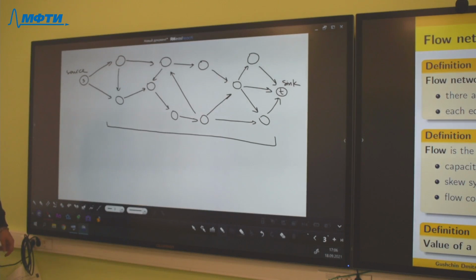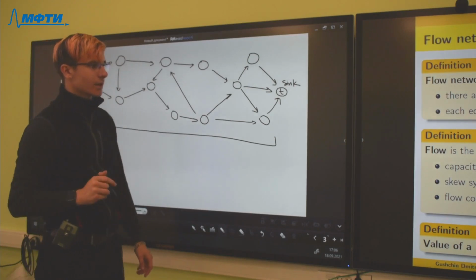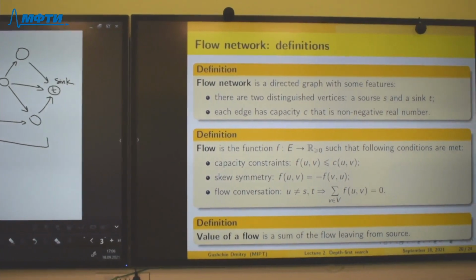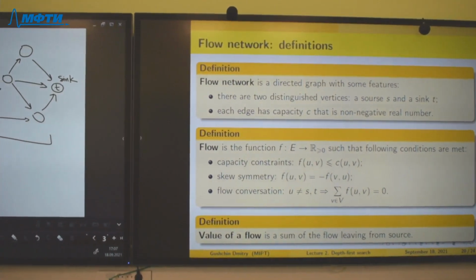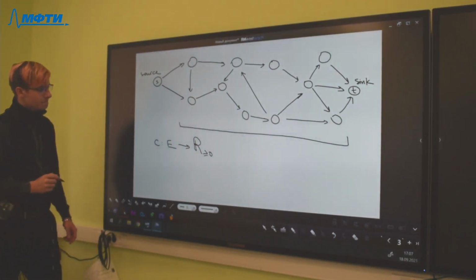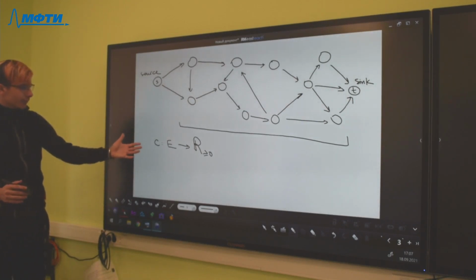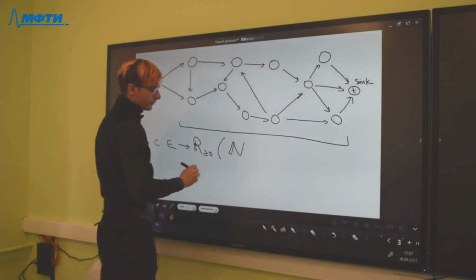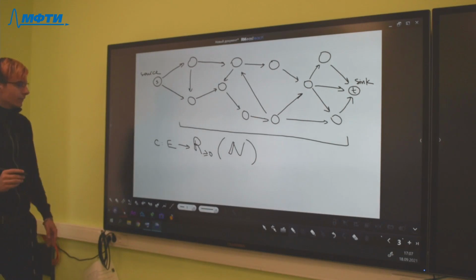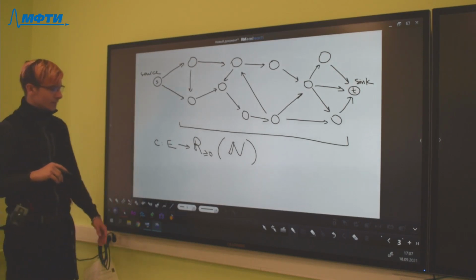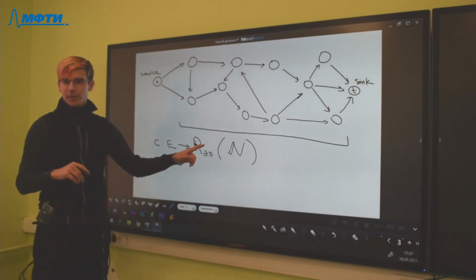Then the second important point of this class of graph is that each edge has capacity. It is a function from edges to real numbers bigger than or equal to 0. It can be any different function, but of course we say that the Ford-Fulkerson algorithm works with only integer capacities.